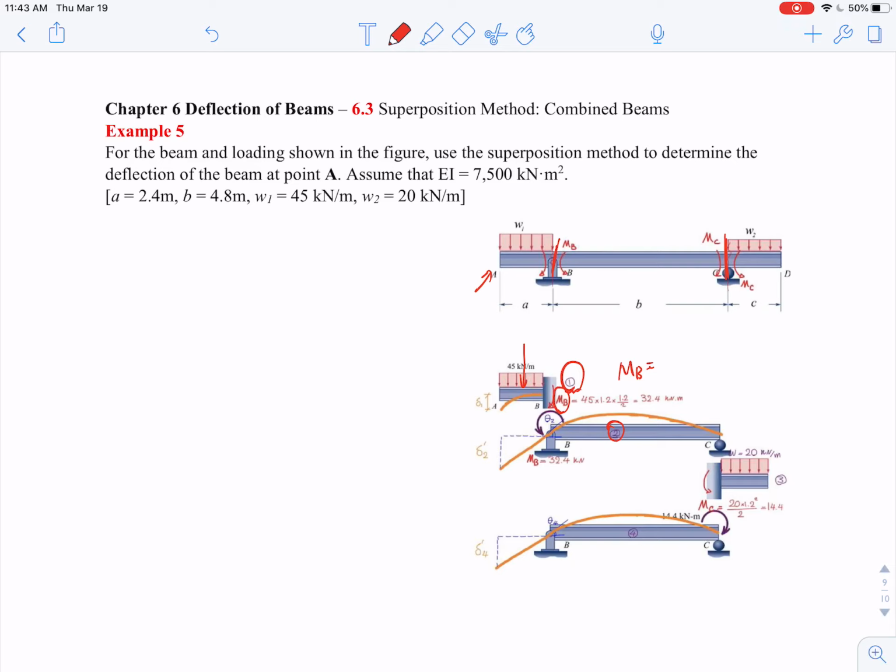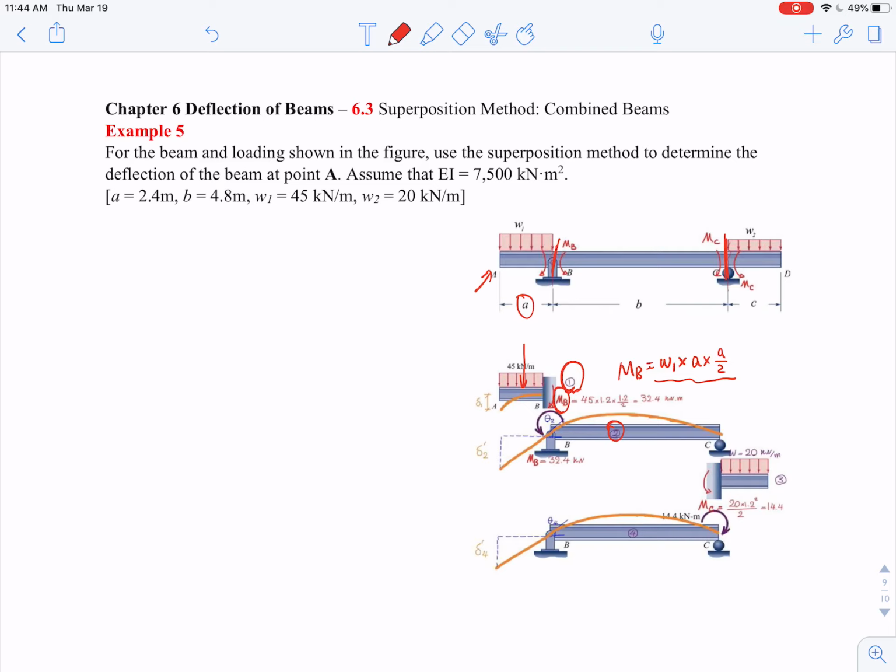So this MB can be calculated as 45 by, it equals W1 by AB. The AB is A, right? It's here, the A. So W1 by A times A over 2. This is how you calculate the MB.